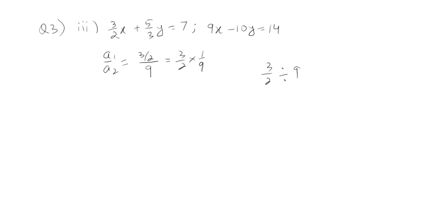So directly I have done it like this. So you can do it. So now it becomes 1 upon 6, you can see, because 3 and 9 cancel, 1 upon 6.